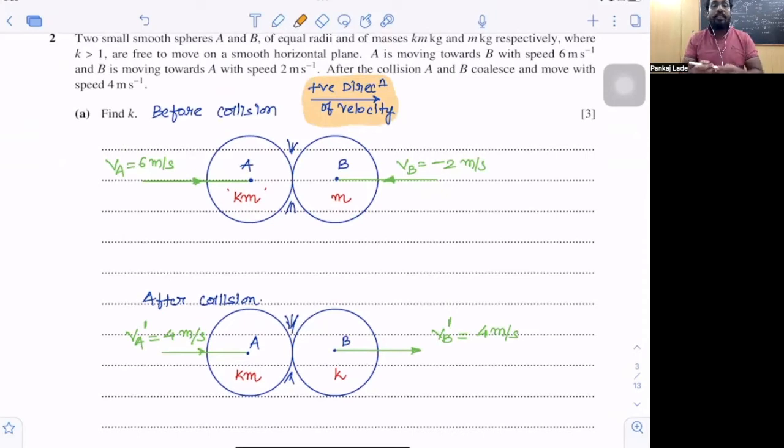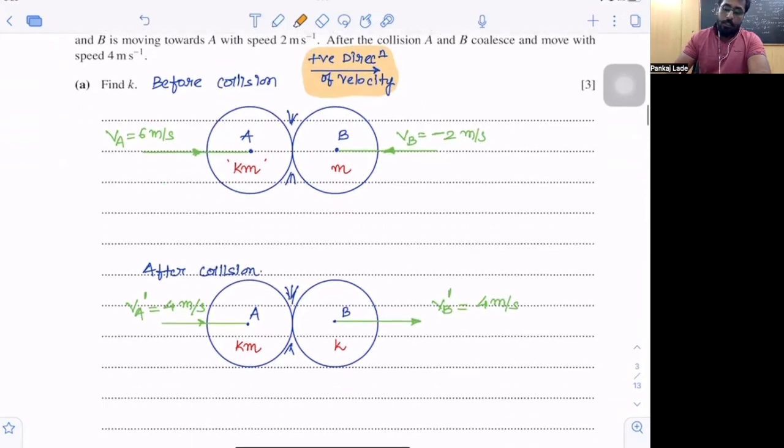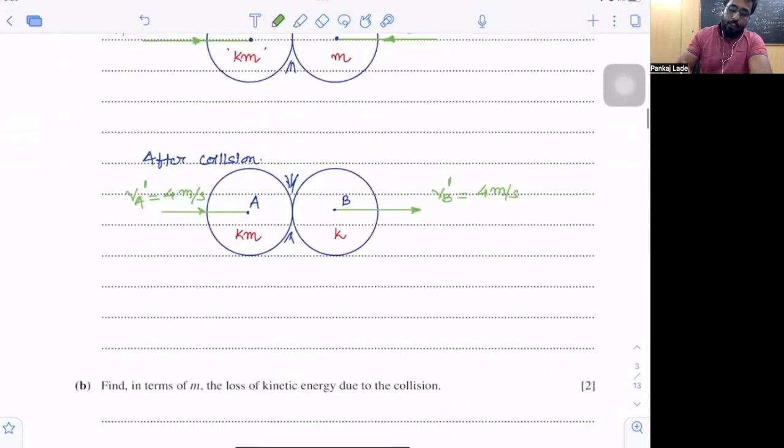So what's the initial momentum of the system? I can write over here the initial momentum must be equal to mass of A into velocity of A plus mass of B into velocity of B. So what's the mass of A, students?